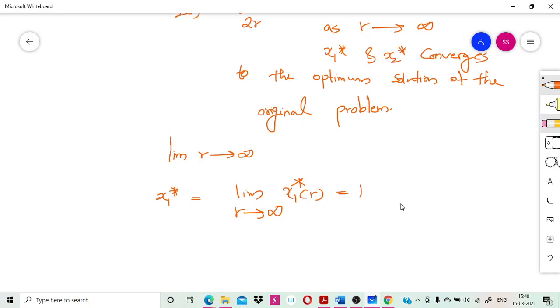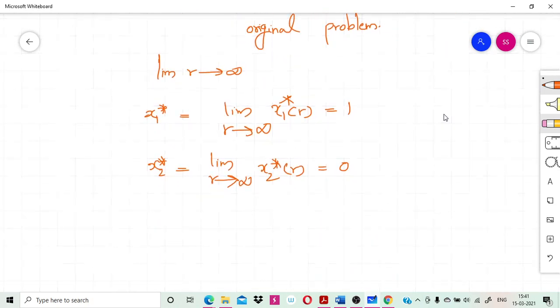And if you apply the limit r tending to infinity to x2 star of r, it will converge to our optimum solution for the original problem, x2 star, which will be equal to 0. So the optimum solution we got is x1 star 1 and x2 star 0.